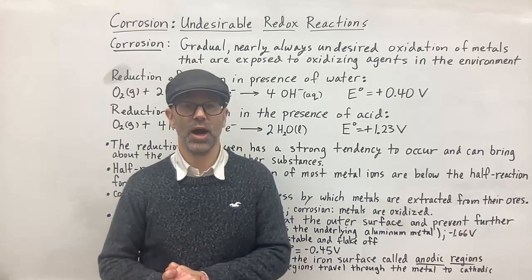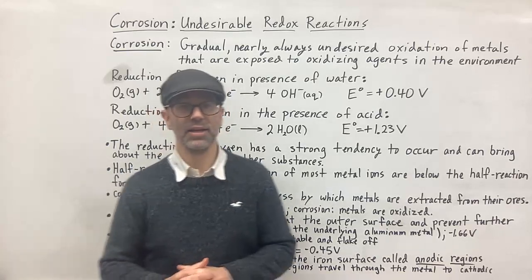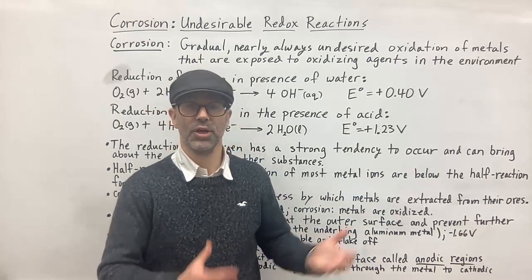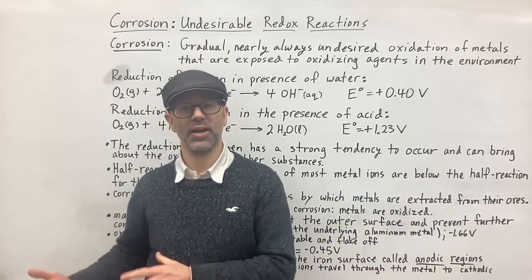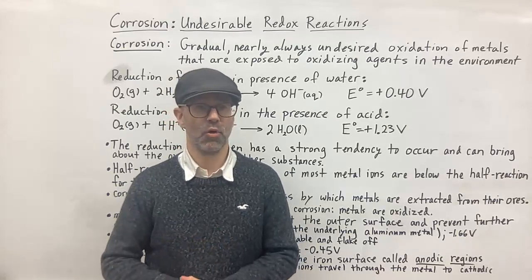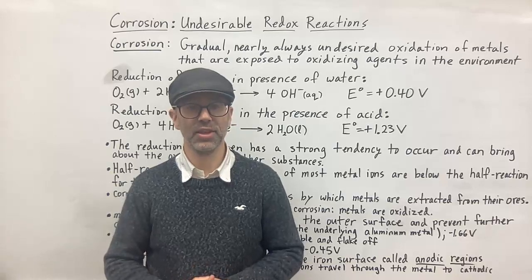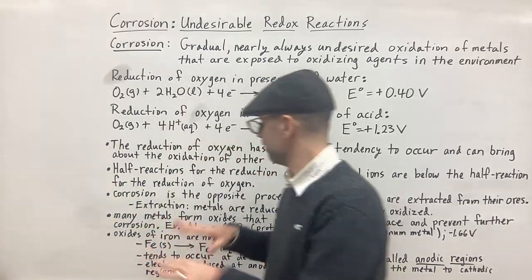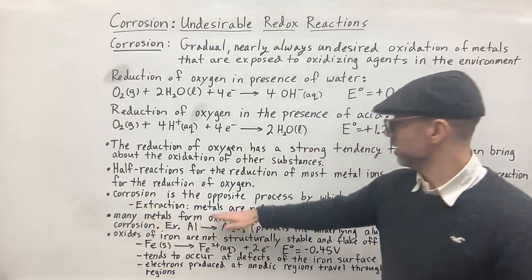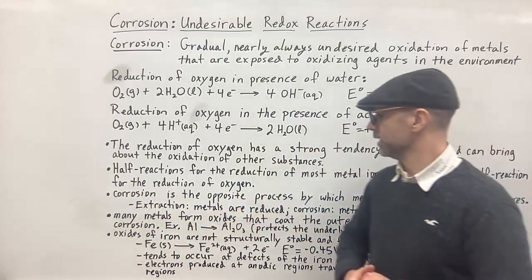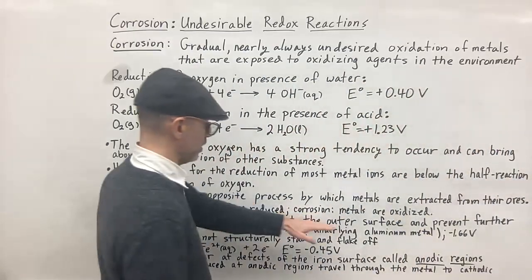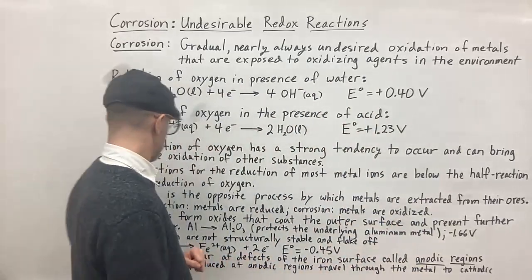But in the case of corrosion, you're not reducing the metal out of the ore. You're actually oxidizing the metal back into an ionic substance, like what it would be in the ore. So corrosion is the opposite of extraction. In extraction, metals are reduced, but in corrosion, metals are oxidized.